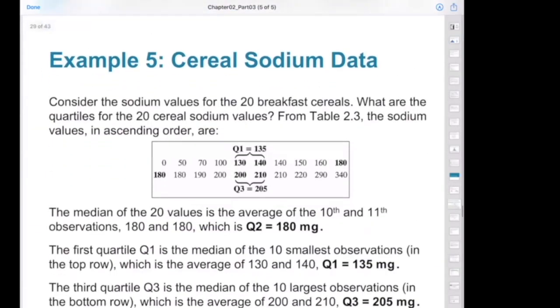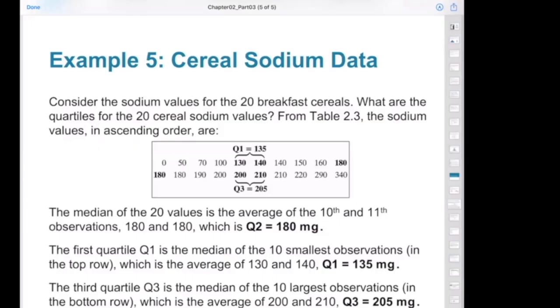So for example, suppose you have here again the sodium values for the 20 breakfast cereals. What are the quartiles for the 20 cereals' sodium values? We have the table here, the numbers in this table ordered from the smallest number to the largest number. The smallest number is 0, the last number is 340.